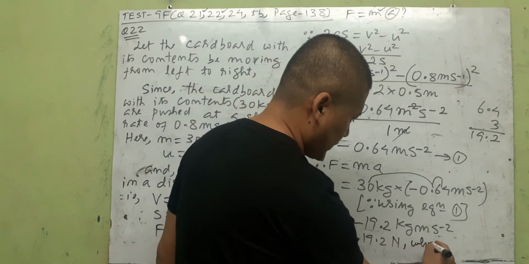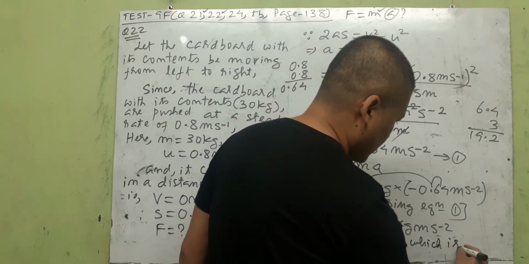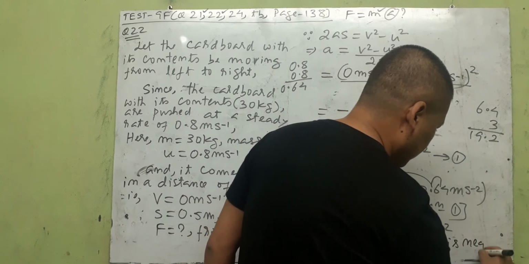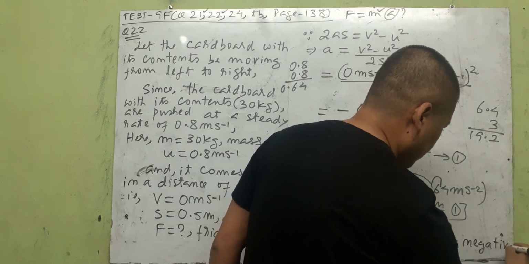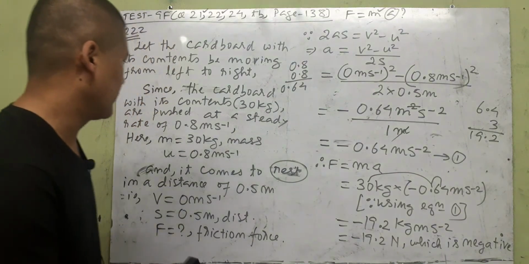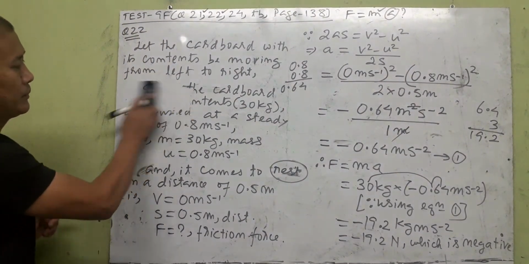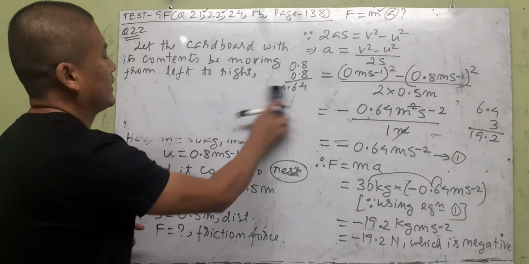So the friction force is coming out negative. This left to right is going to help us, so we can write your final answer.